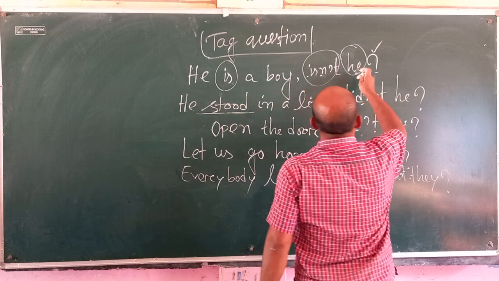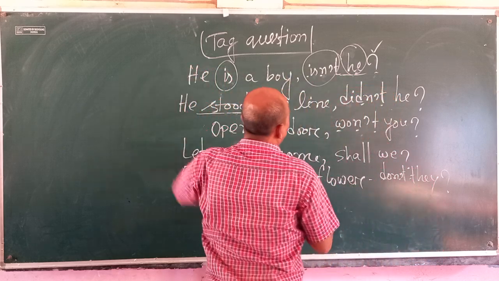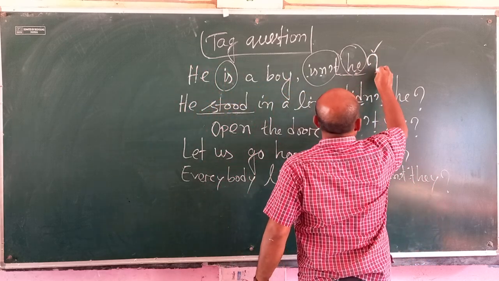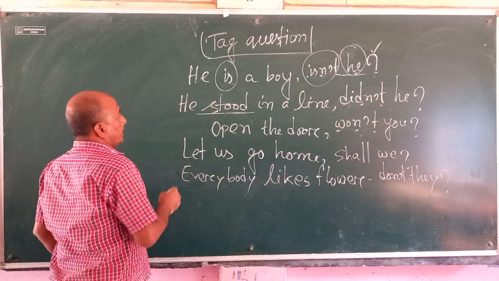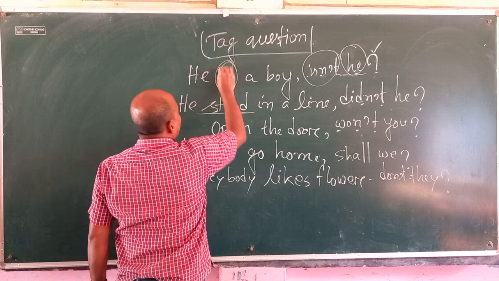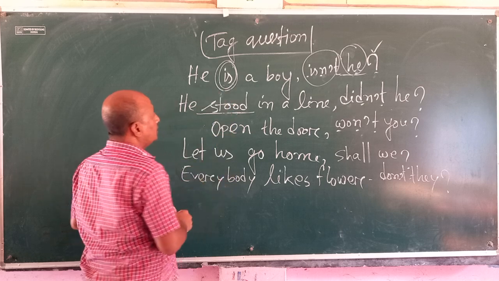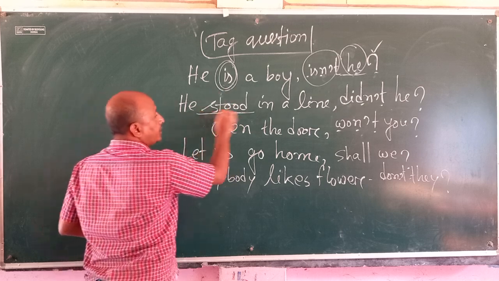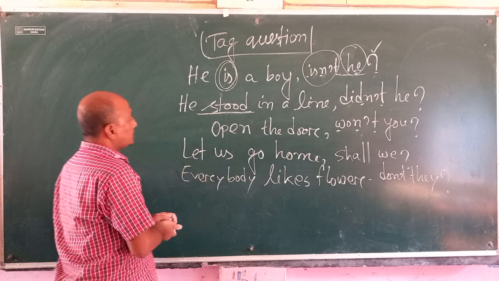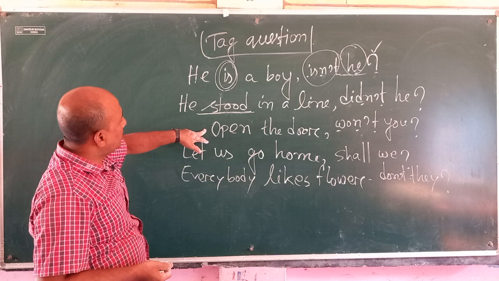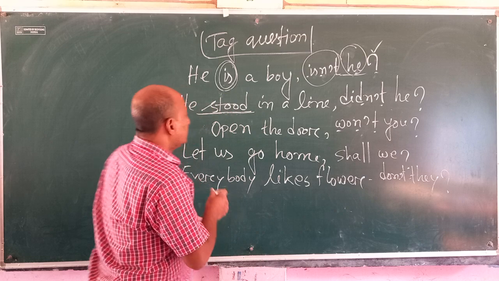At the end of the sentence, we write the pronoun form of the subject, and at last we add a question mark. If there is no auxiliary verb in the sentence, we must write do, does, or did according to the tense. And if it is an imperative sentence, we must write won't you.